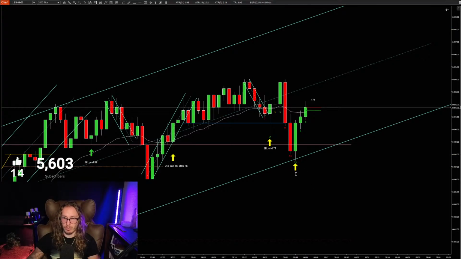Basically, what this is, is what I would call a visual second entry long. What I mean by that is that you could look at this like a new high and look at this all like one leg, first entry, second leg, right here. So you could look at this like a big pullback and look at this like a first entry and just ignore this little tiny movement right here.